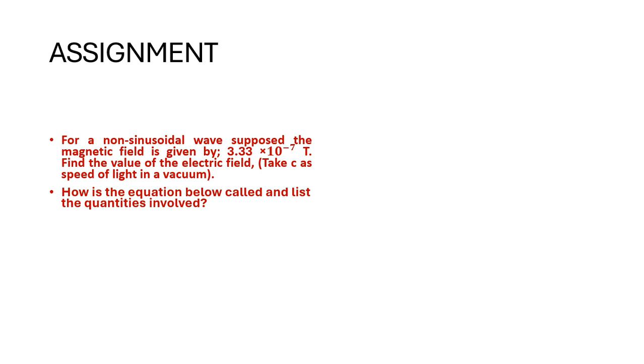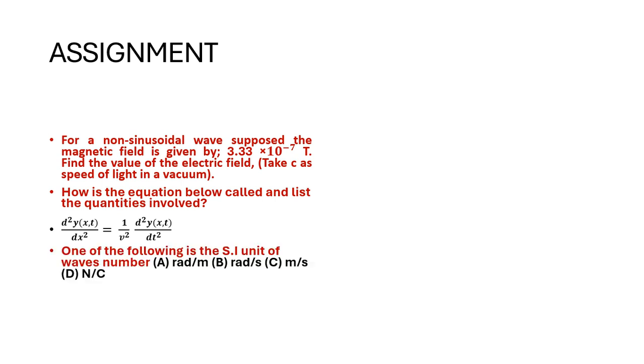This one says, what is the name of the equation below, and list the quantities involved. So this is the equation. What is the name of this equation? And the quantities you are seeing in this equation, what are their names? They just need to be listed, that's all.